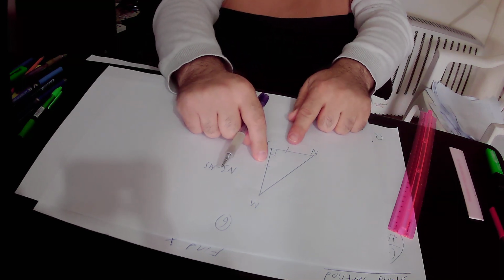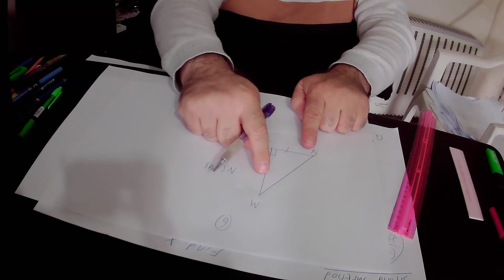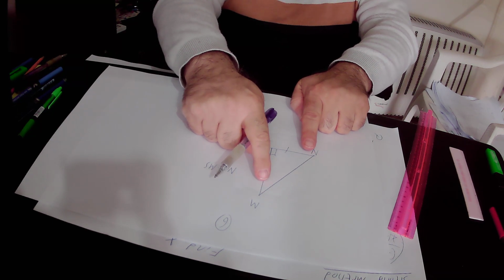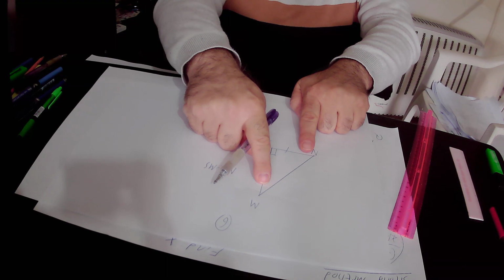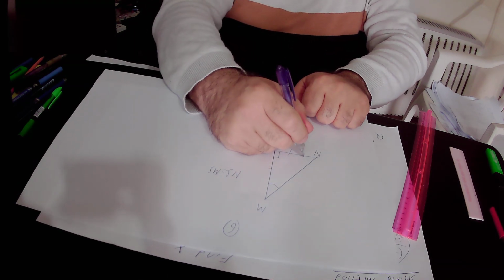Those two sides are equal to each other, therefore in front of them there are equal angles. That is to say, those two angles must be equal to each other.